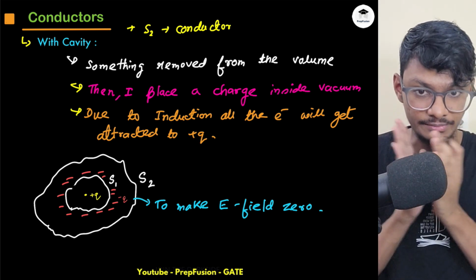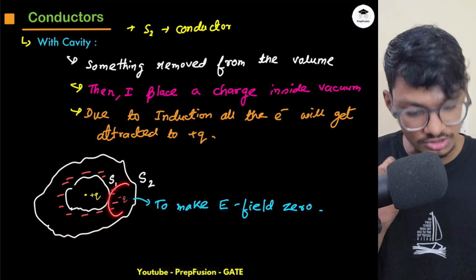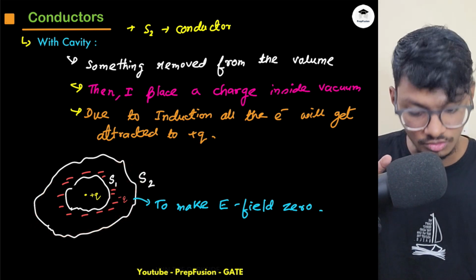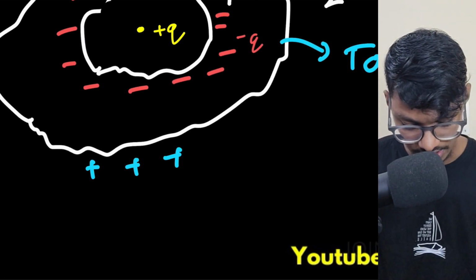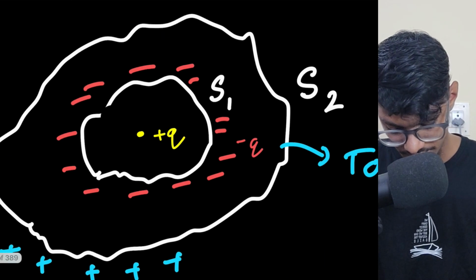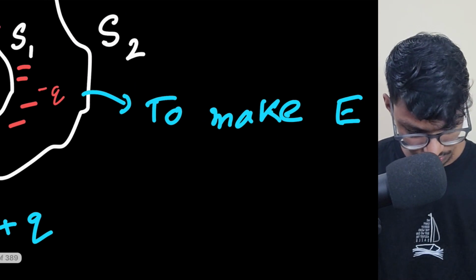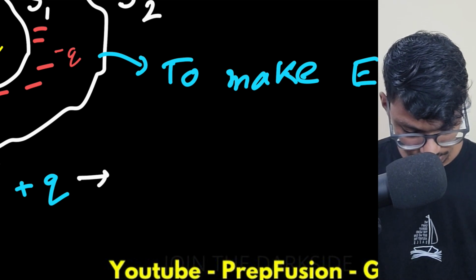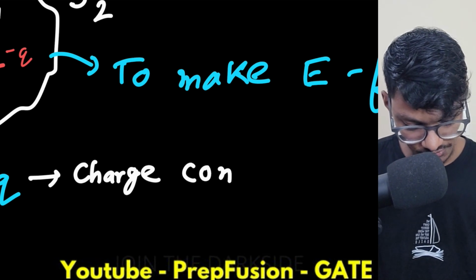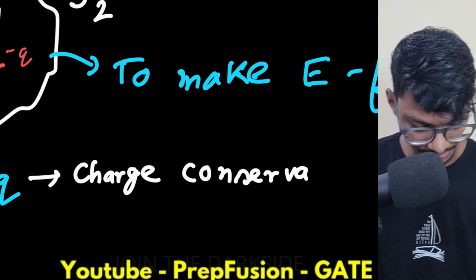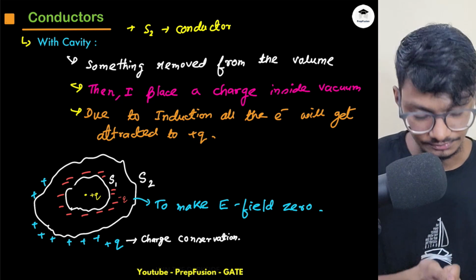Inside this conductor the charge was 0, so I need to make the charge 0. So finally I will have positive charge, plus Q, on the outside of the conductor. This plus Q comes due to charge conservation. Obviously initial and final charges must be the same. Charge cannot be destroyed, neither created.